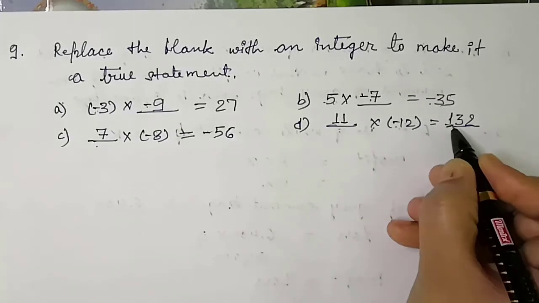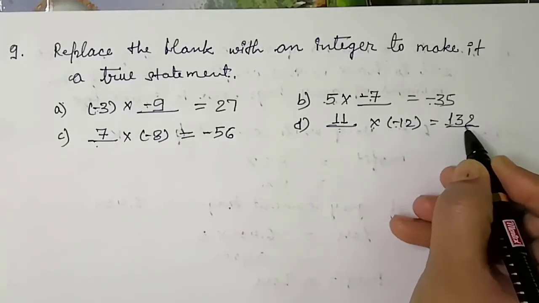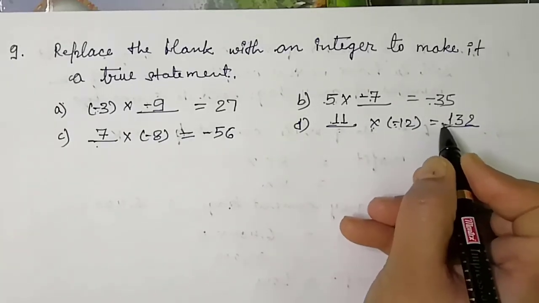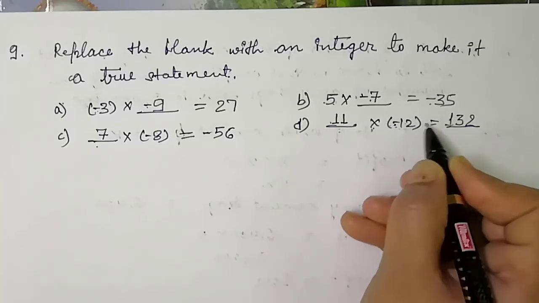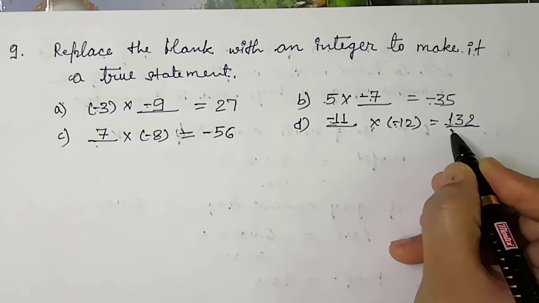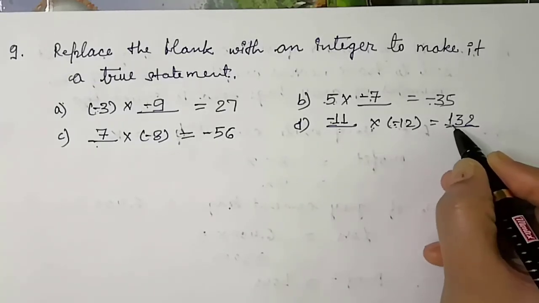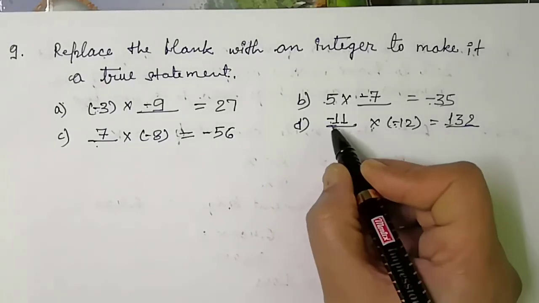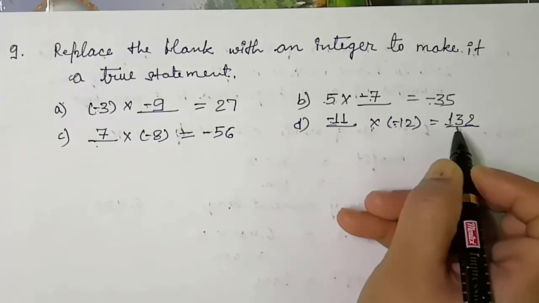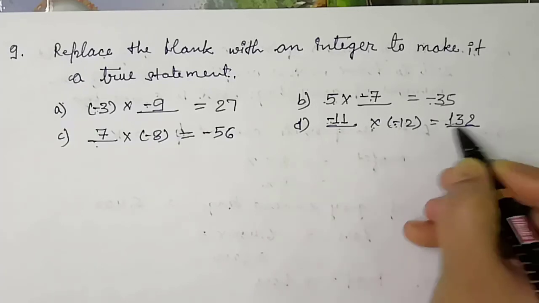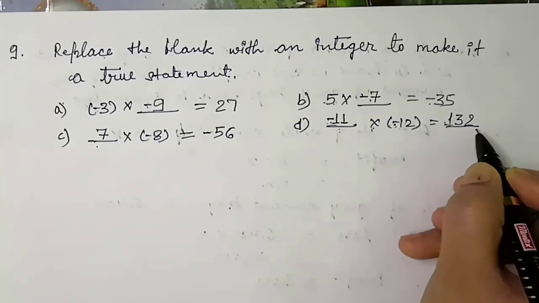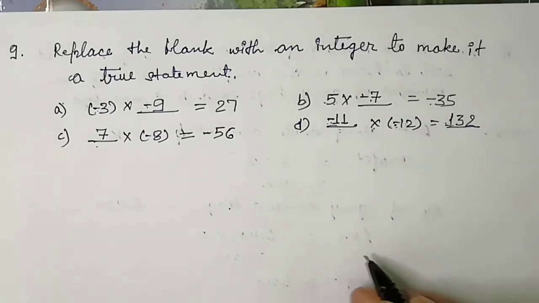And see, here is plus 132, but I have minus here, so minus plus will be minus, so that's why we put a negative sign here, because we want positive 132. Now we have put negative here, then we can get plus, minus minus will be plus, and here will be 132.